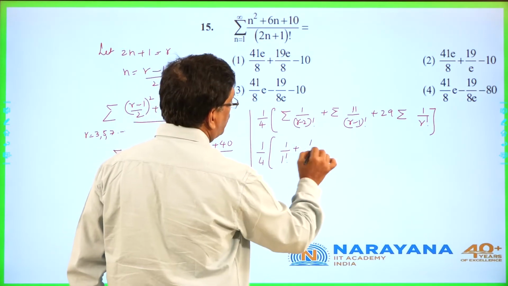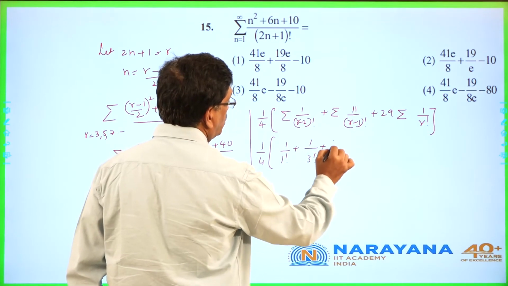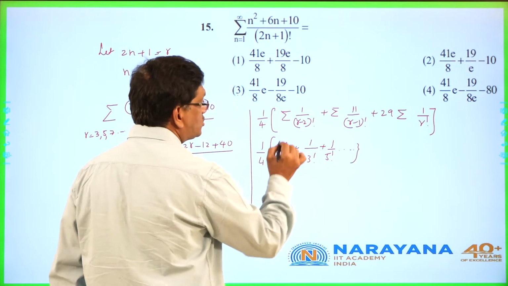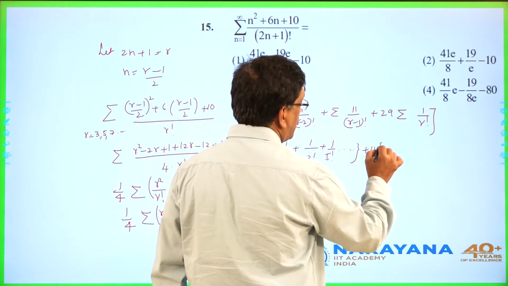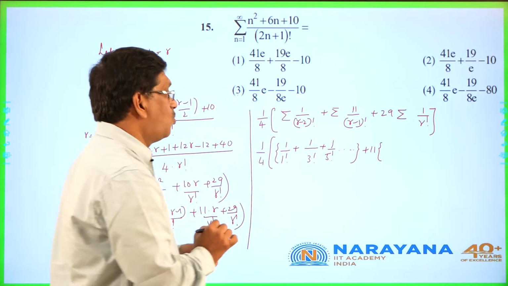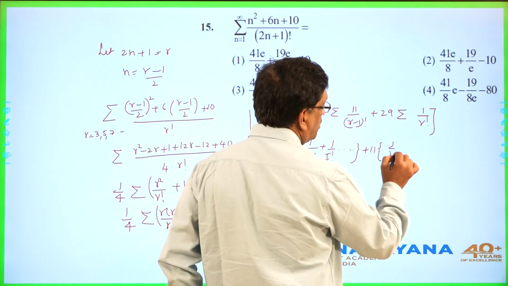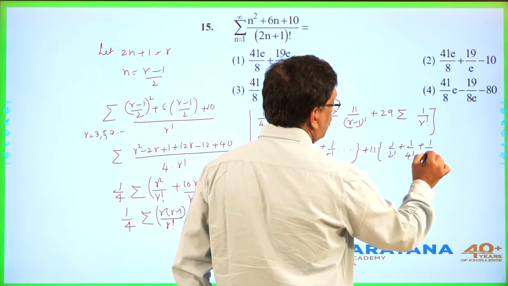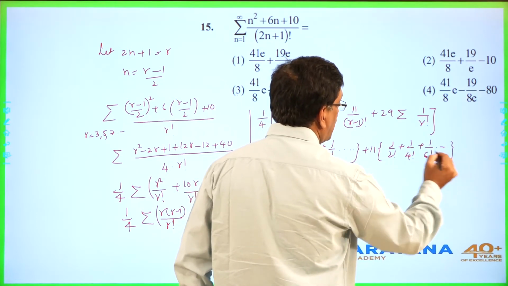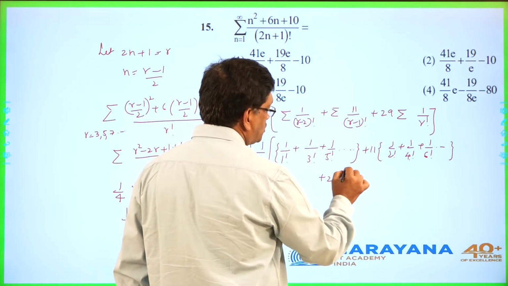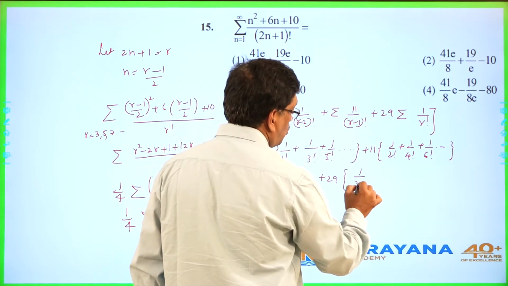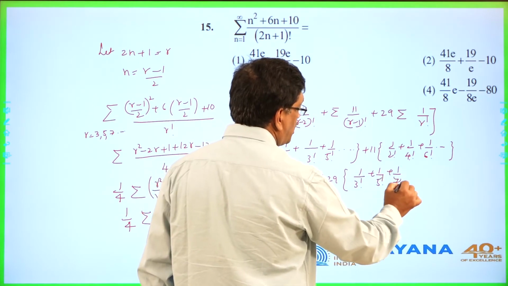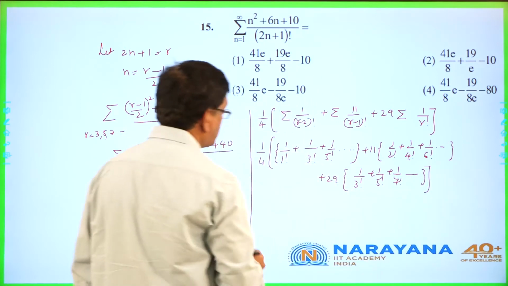R is 5, 1 by 3 factorial, 1 by 5 factorial, that is the first one, plus 11 times, r is 3, 1 by 2 factorial, right? 1 by 4 factorial, 1 by 6 factorial, so on, plus 29 times, 1 by 3 factorial, 1 by 5 factorial, 1 by 7 factorial.